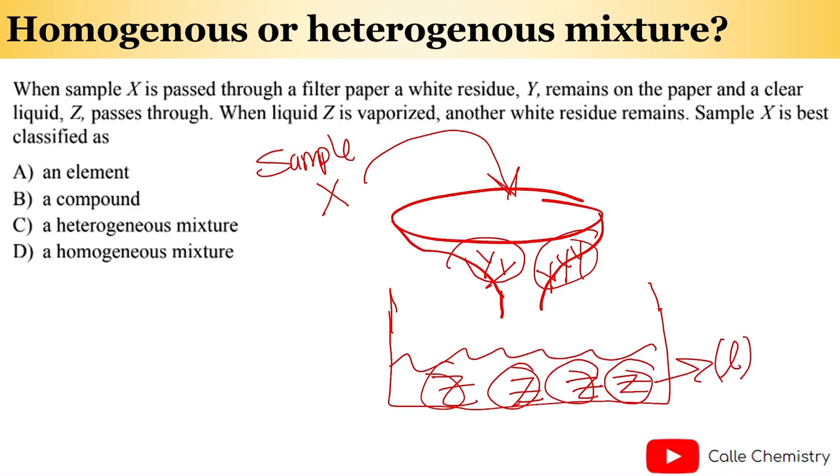Because it went through the filter paper and it was small enough to go through. But on the other hand, Y, the particle size was not small enough to go through. So I can say this is a solid. It's in solid form. So I see here I have one phase and another phase.